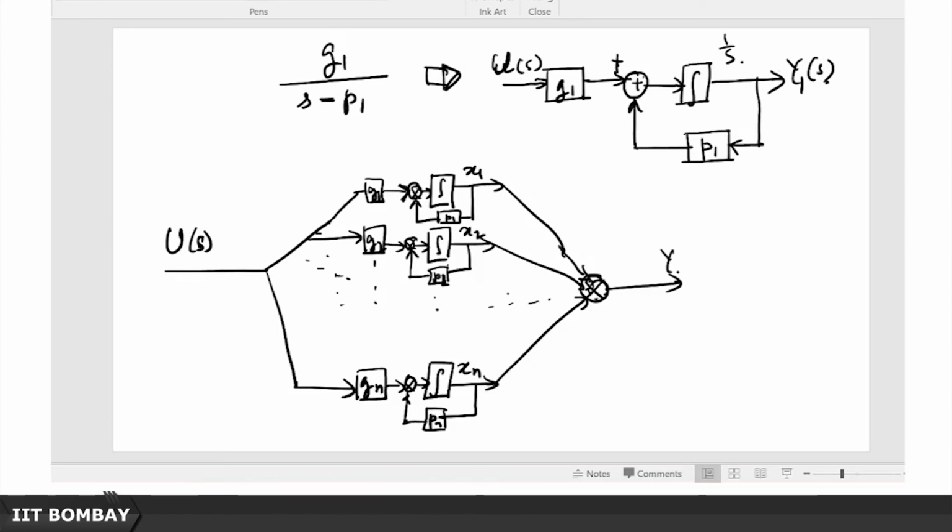Then for the first integrator I can write that x1 dot, which is the variable here, is nothing but g1 times u plus p1 times x1. Likewise, xn dot is equal to gn times u plus pn times xn.